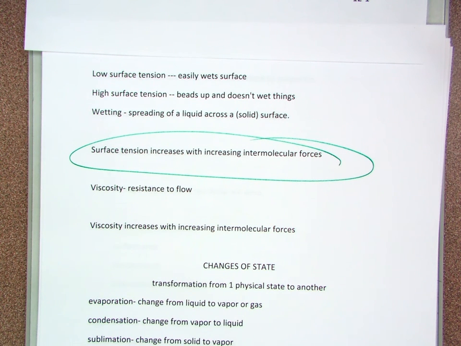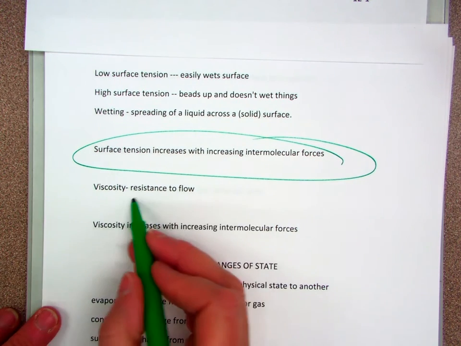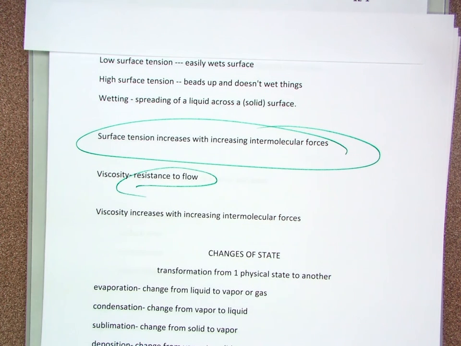So when we think about viscosity, this resistance to flow, think about pouring milk. Imagine that you're pouring milk into a glass, and you all know what that looks like. Now think about pouring honey into that glass. The honey kind of hangs there, and it pours really slowly. That is because honey has a higher viscosity than water. And so the molecules have a higher intermolecular attraction, and they flow more slowly.